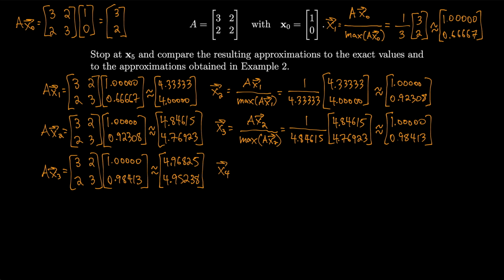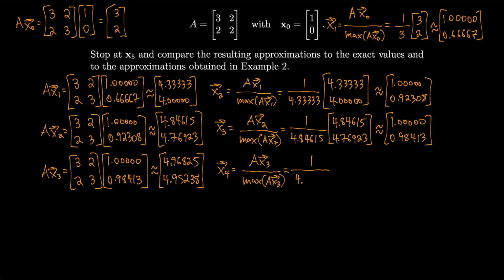And therefore x4 is ax3 over max ax3. So that's 1 over 4.96825.